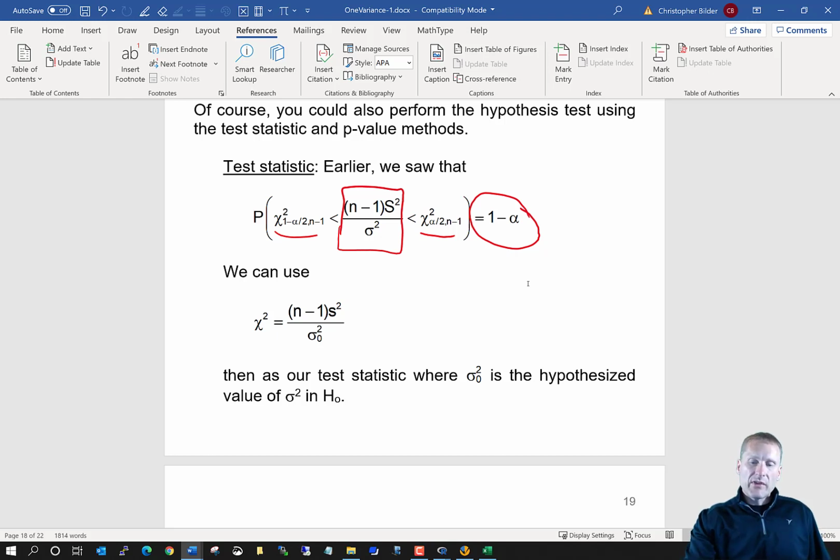Then we take what's in the middle there and we say, let's now assume that H0 is true. And what that means is now we substitute the hypothesized value in the null hypothesis for sigma squared. We're going to call that sigma squared 0. And that becomes our test statistic. We will simply call our test statistic chi-squared, for the lack of a better name.